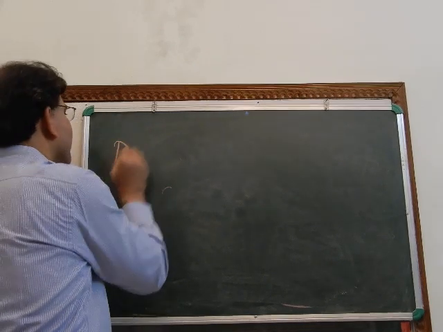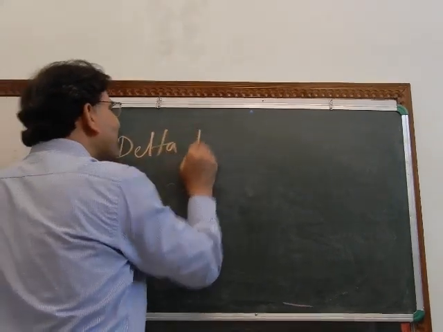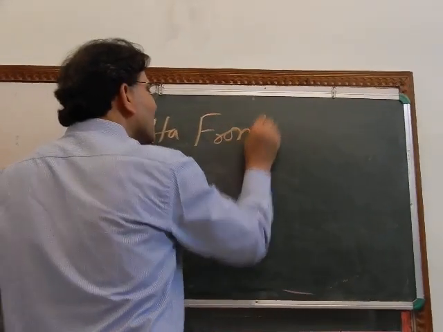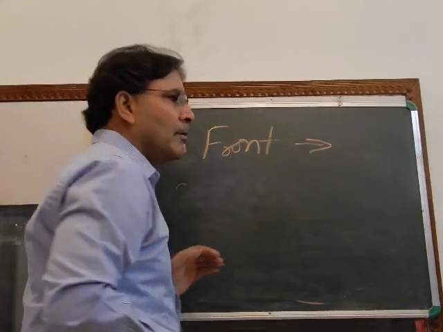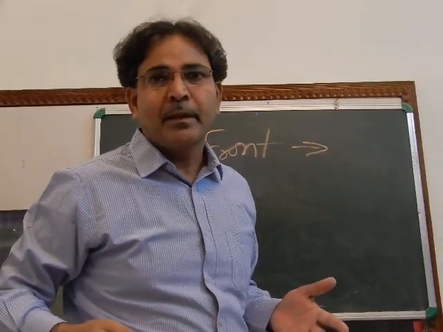Then the second major sedimentary sub-environment of the delta is the delta front. The delta front is basically the foreset of a delta.